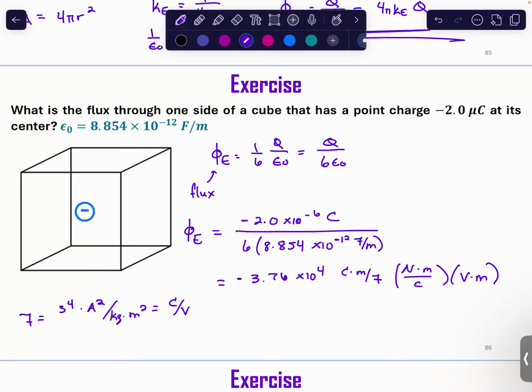So you can start playing with all these, but just know that all of these units are equal for flux: coulomb meters per farad, Newton meters per coulomb, voltmeters.